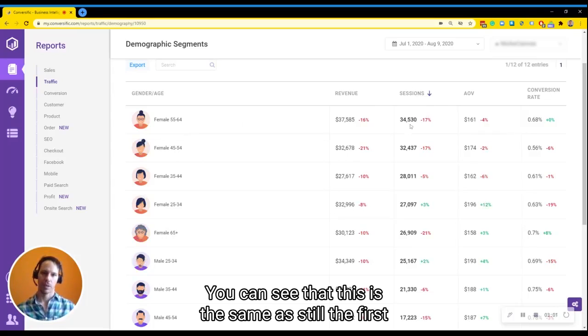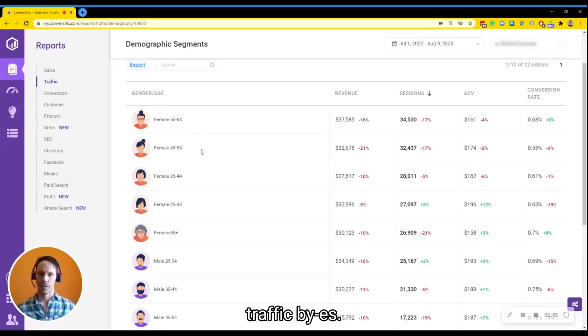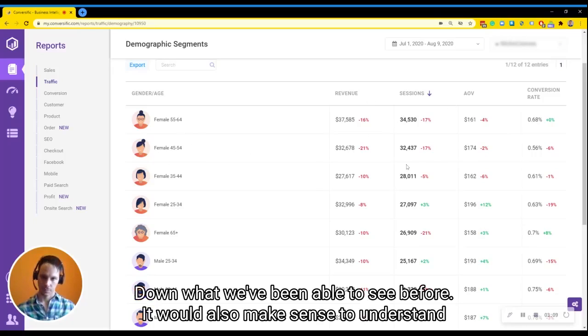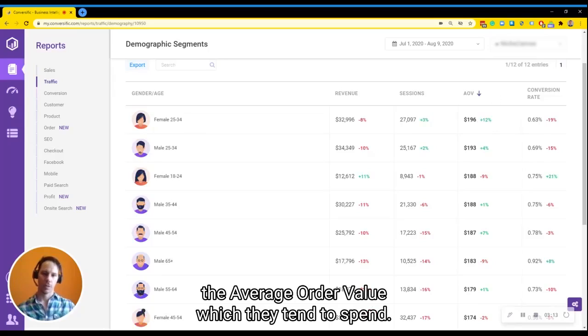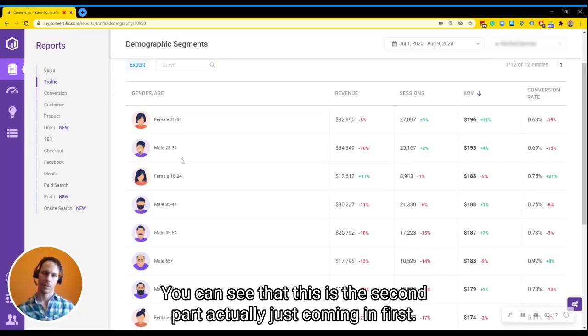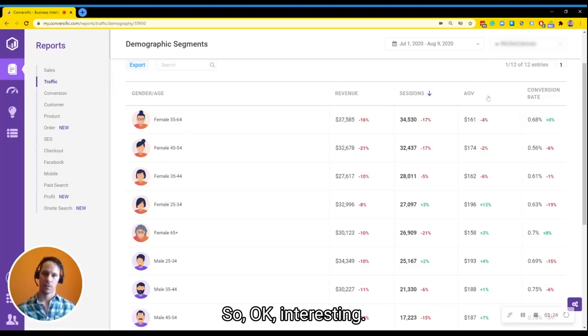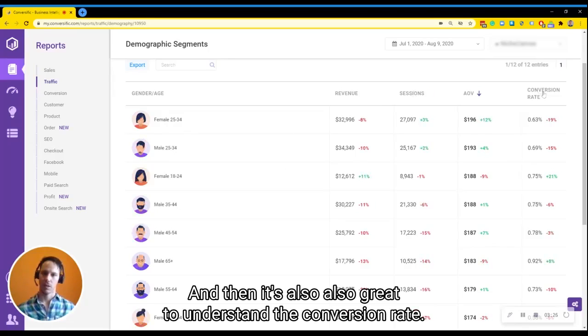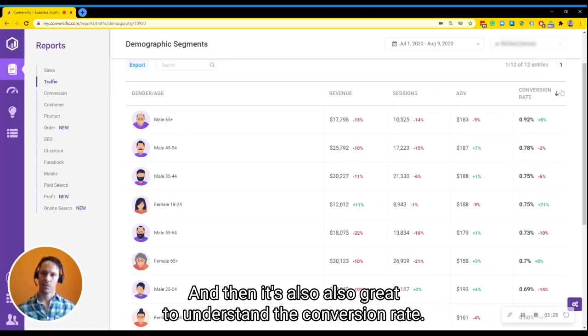You can see that this is still the first, but traffic-wise, it's quite different from what we've seen before. It would also make sense to understand the average order value which they tend to spend. You can see that this is the second, but actually this is coming in first. Yeah, okay, interesting.